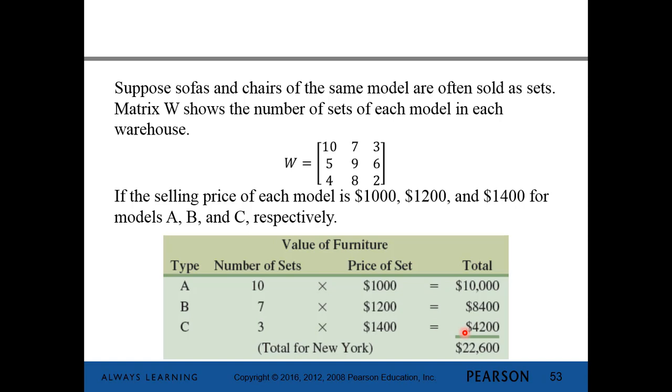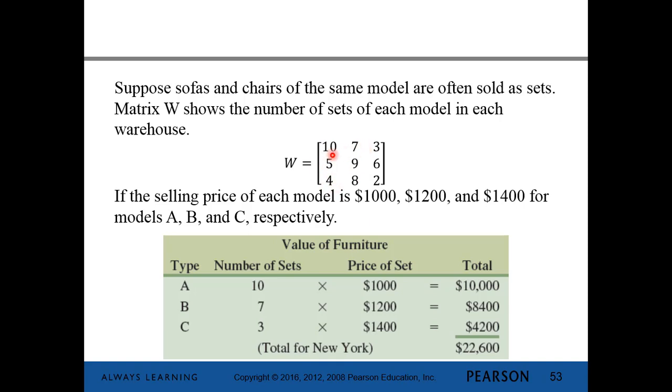Now, what if we want to multiply one matrix by another matrix? Well, let's use the example with the sofa and chairs with the three models. Let's say this matrix W represents the number of sets at three different outlets.